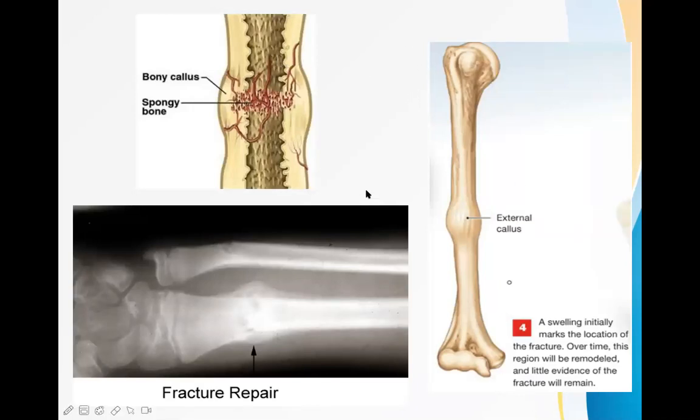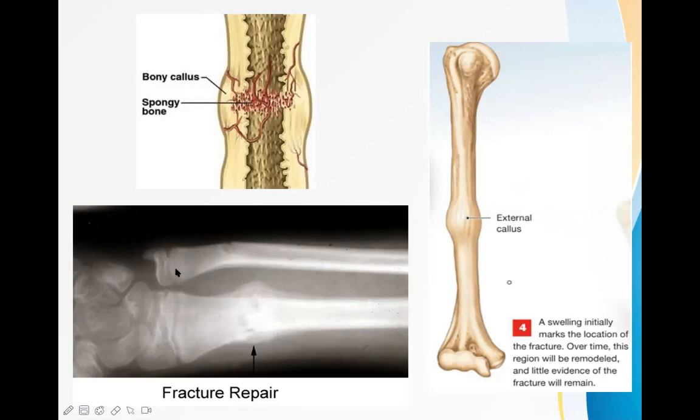Now, see here. This is a good slide which is telling us this is the stage of bony callus. This is spongy bone in the beginning, or woven bone we can say. Later on, it is replaced by lamellar bone or compact bone. This is the radiological appearance of the fracture repair. I can clearly see the callus here.